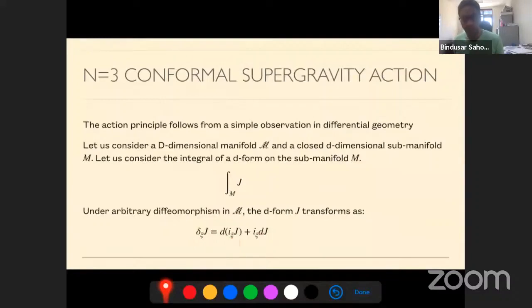If the manifold has no boundaries, or even if it has a boundary and a nice fall-off condition for the fields, this will eventually go away. But to make the rest vanish, you need dJ to be equal to 0.